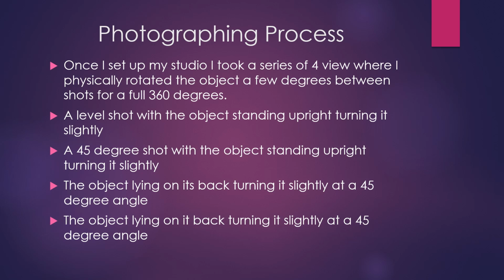I did 2 more, one with the object lying on its back, again the same process, turning it slightly between shots till I hit 360 degrees, and then also with it lying on its back, turning it again slightly at a 45-degree angle until I got that 360-degree rotation.